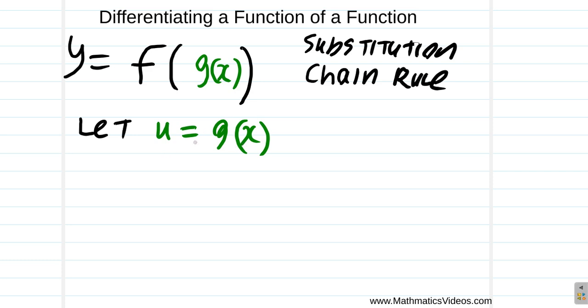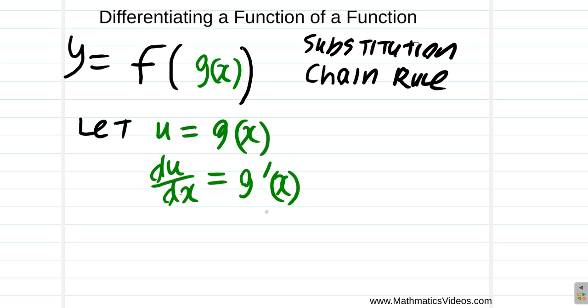Now, we differentiate u with respect to x. And what we say is that du by dx is equal to, now let's write it using the notation g prime of x.